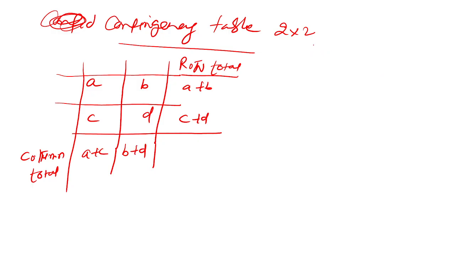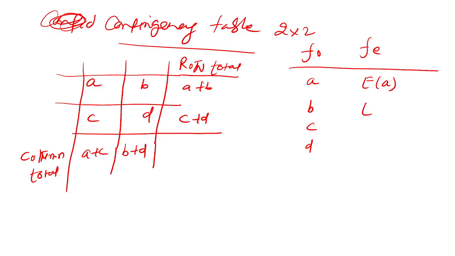Let's say we have the observed frequency FO and expected frequency FE. For A, B, C, D, the expected frequencies will become E of A, E of B, E of C, E of D. So how will we get the expected frequency of A?